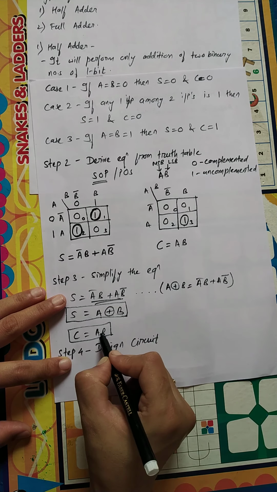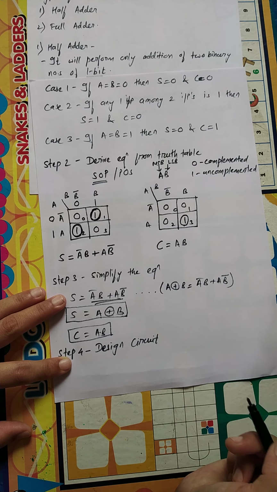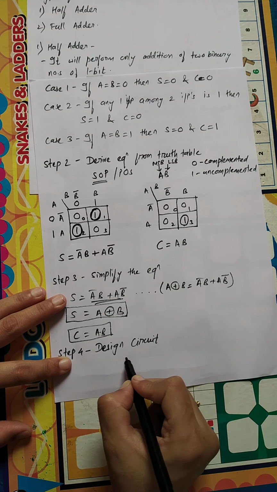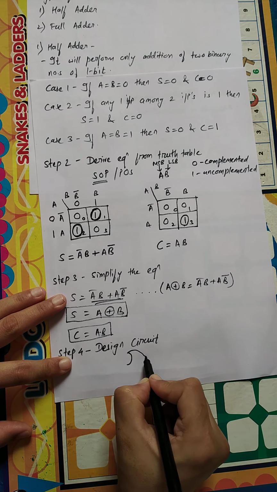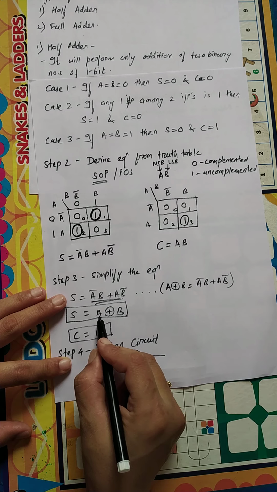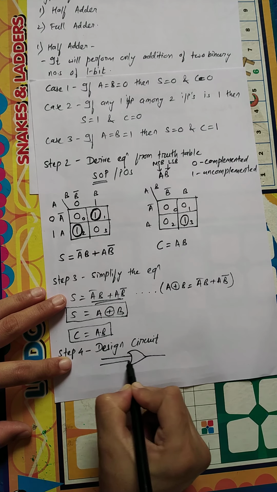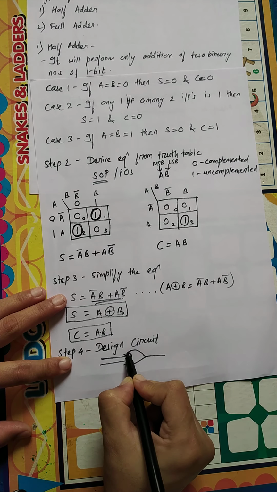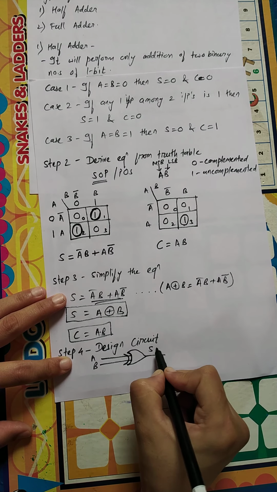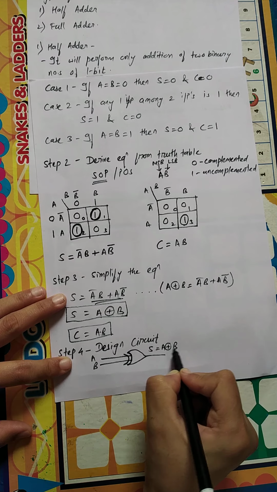Here XOR gate is there, and A dot B, dot means AND gate is there. So two gates I will require, that is XOR and AND gate. So I will draw an XOR gate first, right. And in an XOR gate, how many inputs are there? 2 inputs are there. So I will draw 2 inputs to the XOR gate, that is A and B. So here I will get sum equal to A XOR B, right.